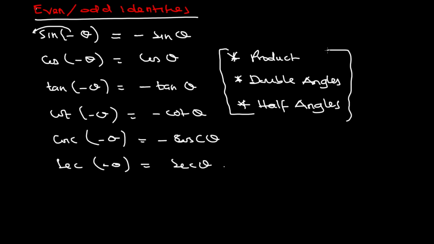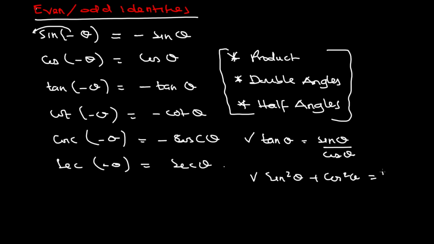But in terms of identities that involve these singular angles, we just have to know, first of all, that tan theta is equal to sine theta over cos theta. The next is that sine squared theta plus cos squared theta is equal to 1.